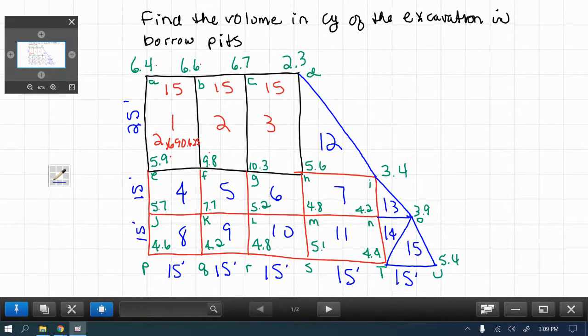So for the triangles, the area of a triangle is 1/2 base times height. And if I want to look at this triangle right here, 12, I would do 2.3 plus 3.4 plus 5.6 divided by 3. We get 3 shots because it's a triangle. And then 1/2, my base is 15, and my height is 25.